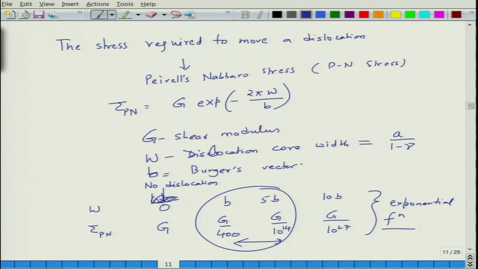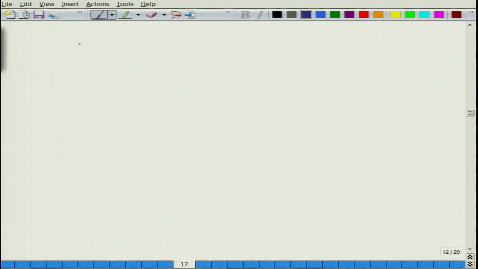So, basically you can also see from this that tau Pn will increase as W decreases. So, which means metal will have lower Peierls-Nabarro stress.